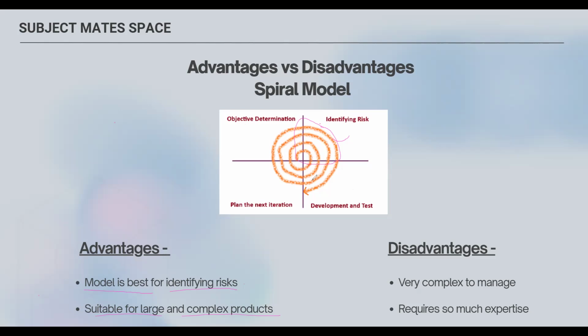If anyone fails at identifying risk, or if something crashes in development, it will be a huge problem. So it requires so much expertise and expense as well, and the spiral model is used less in organizations. So these are the advantages and disadvantages of the spiral model.